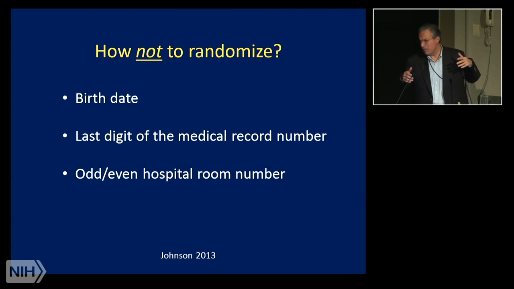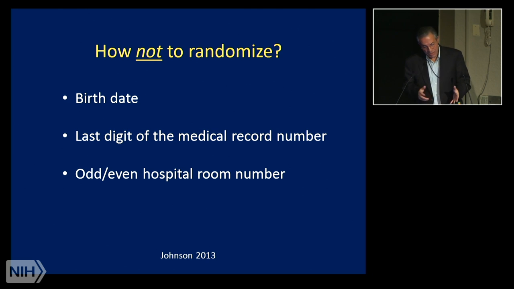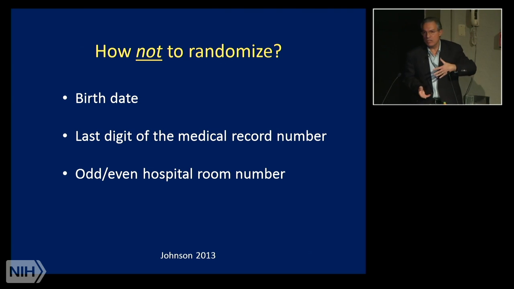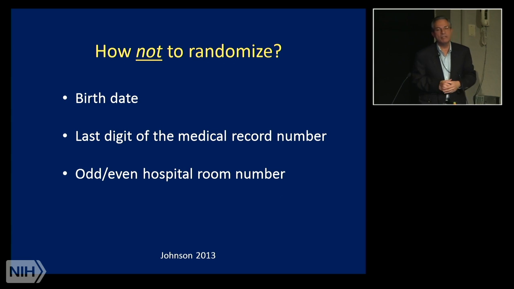Perhaps with birth date, the January folks are different from the July folks. Last digit of the medical record number, maybe the zeros and the 9s show up the least. Hospital room number, I mean, who knows? Maybe the odd numbers have windows and the even numbers don't have windows. And maybe being by a window has something to do with recovery.